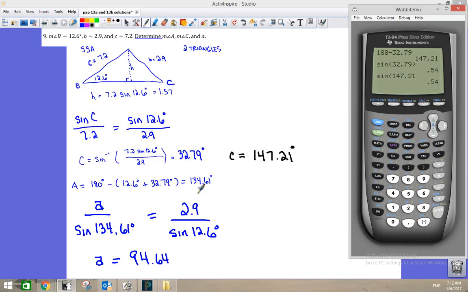Like I say, this ratio was approximately 0.54, at least at 2 decimals. So both of these angle measures have that same sine ratio. Now, since this C is different, then we're going to have a second A value here by taking 180 minus the sum of the 12.6 and this other angle, 147.21.